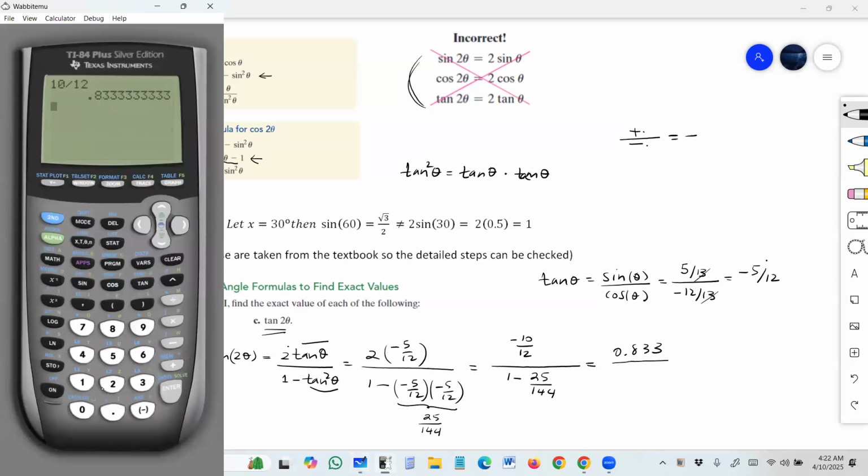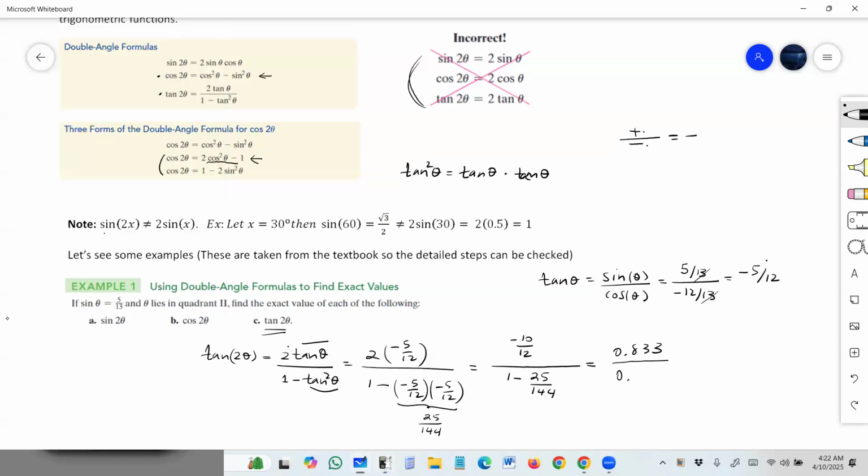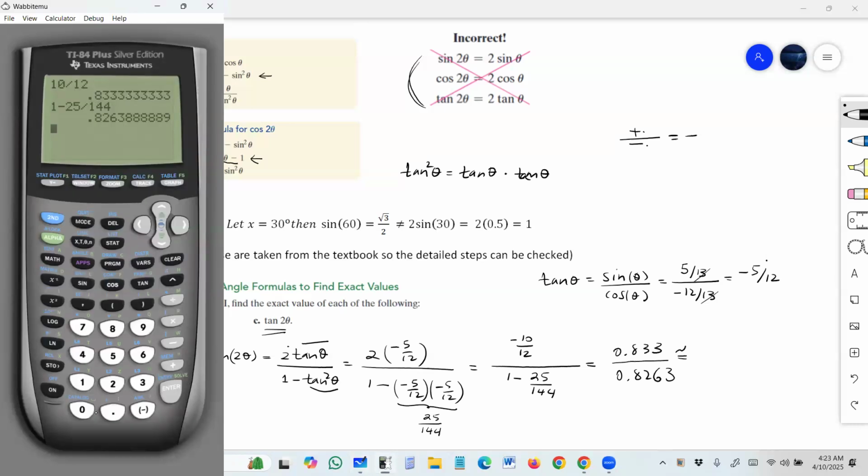And let's do the denominator, which is 1 minus 25 divided by 144. And that is 0.8263. And we divide one by the other. So 0.8333 divided by 0.8263, just about 1.00.